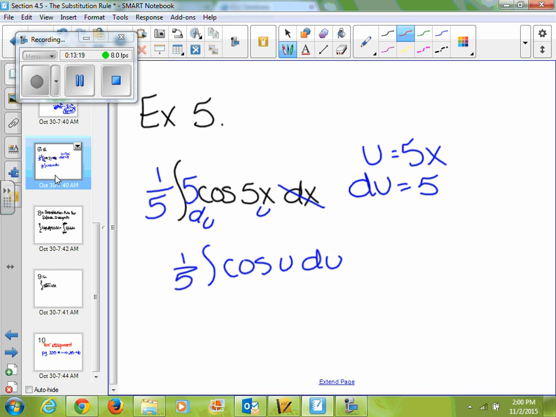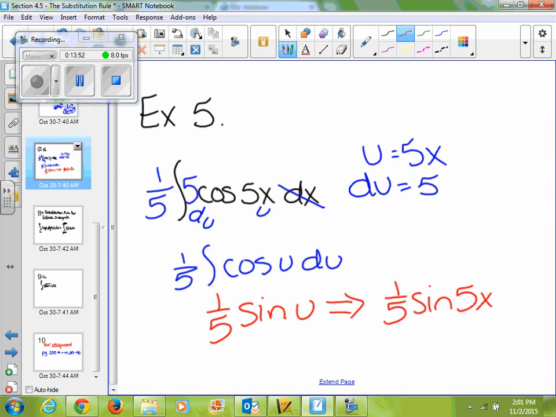Okay, so what's the integral of cosine of u du? Sine, right? The integral of cosine is sine. So this becomes 1/5 sine of u. So if I back substitute u, Mikey, what am I going to get? If I put this back in for u, what do I end up getting? Okay, so 1/5 sine of 5x, right? Okay.